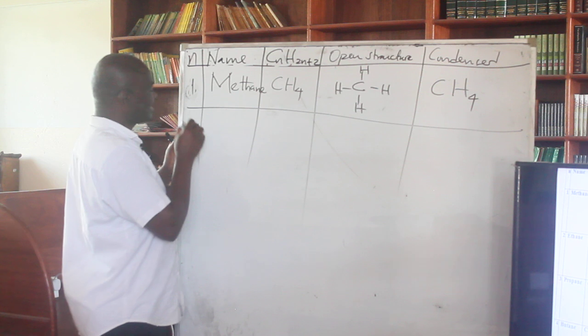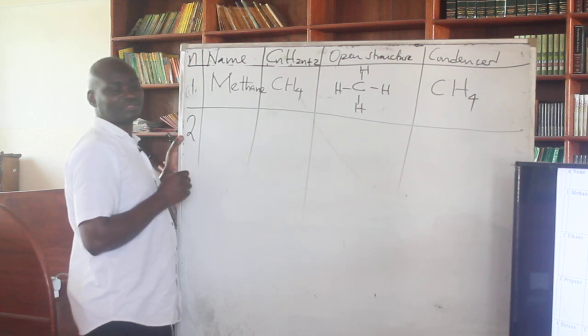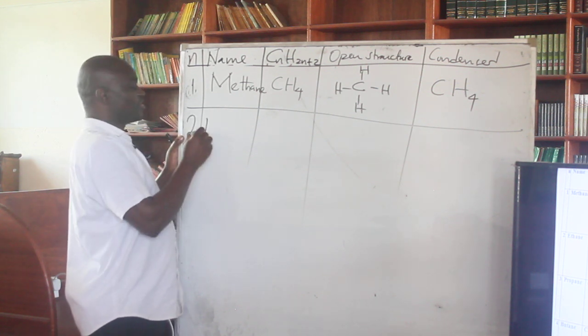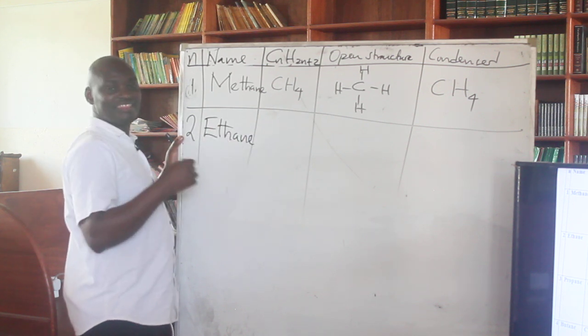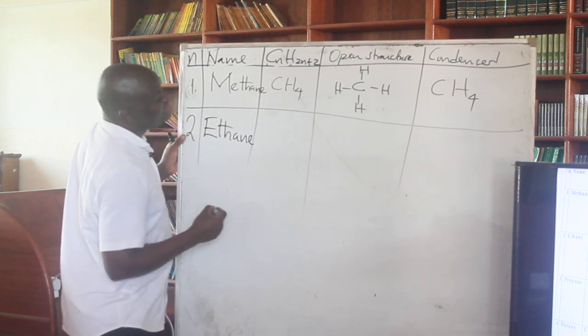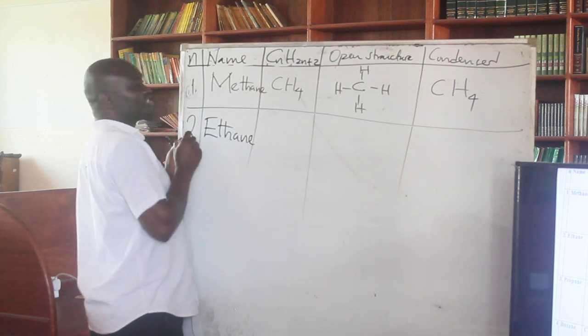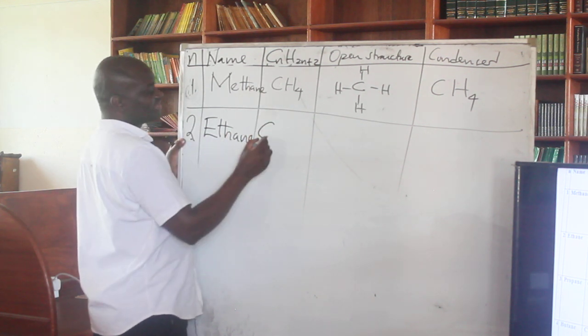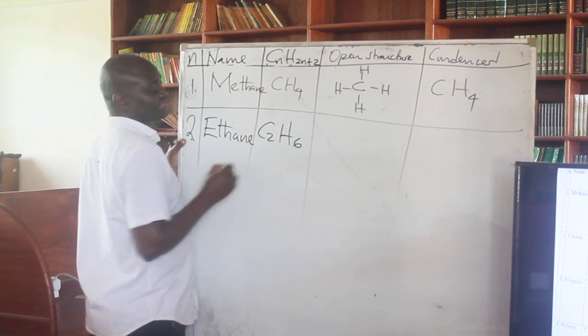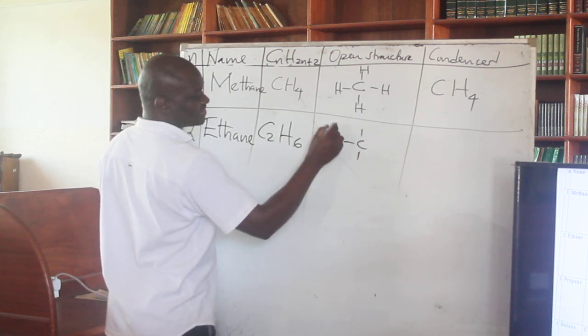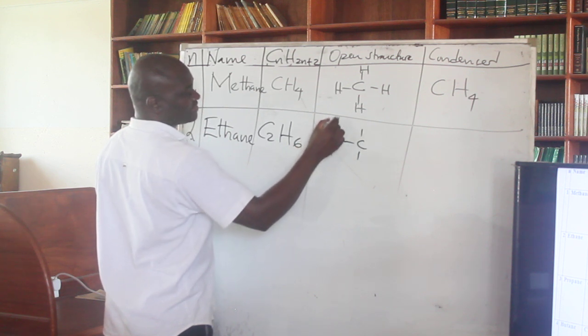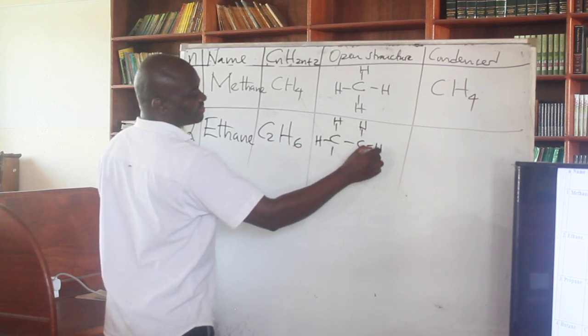The second alkane has 2 carbon atoms. We call it ethane. If you substitute 2 here, you get C2H6. So we have 2 carbon atoms like that.